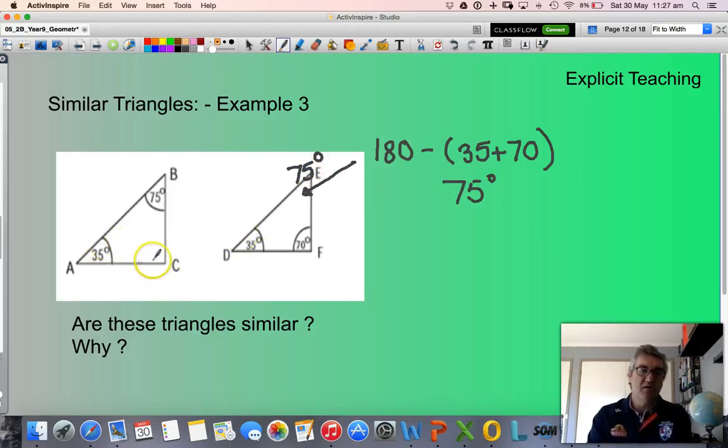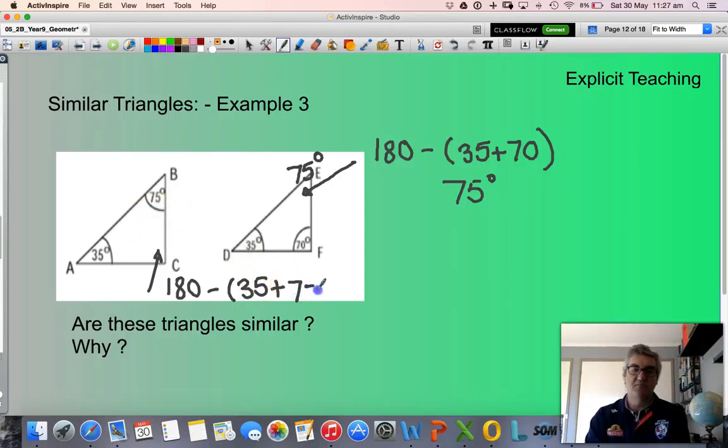Likewise, this triangle over here, looking for that angle there, that will be 180 minus, in brackets, 35 plus, I have a 75. So that works out to be 110 degrees.